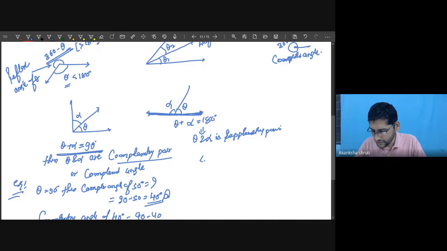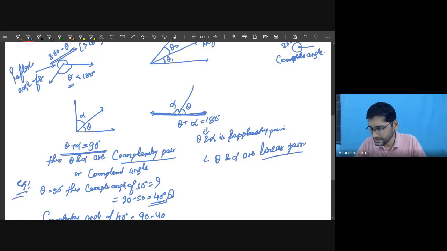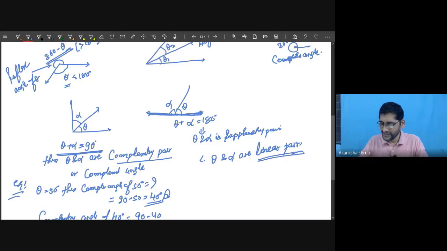Theta and alpha are also called which pair? Linear pair. Good. So if the sum of two angles is 180, then it is either a supplementary pair or a linear pair, meaning the same thing. And the angle formed is a straight angle.